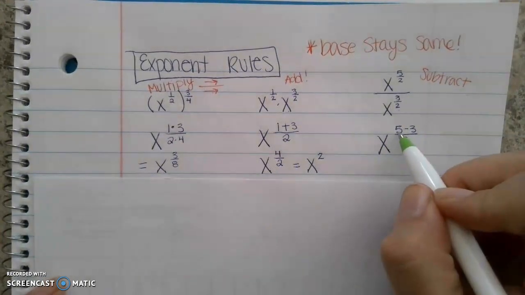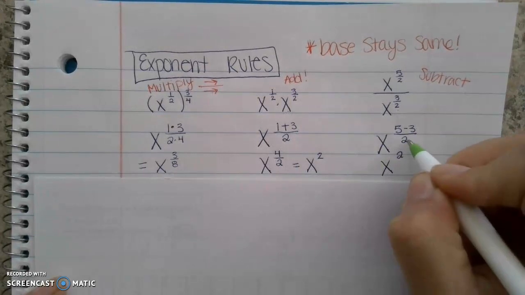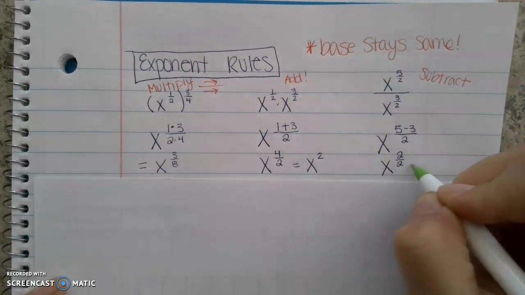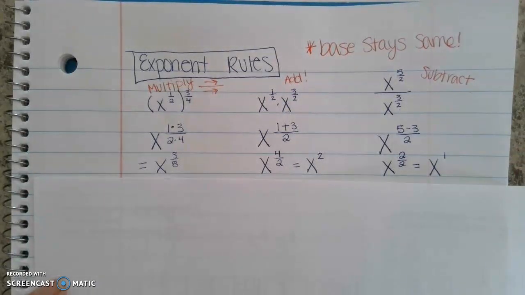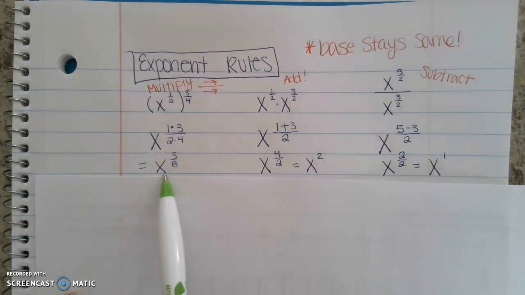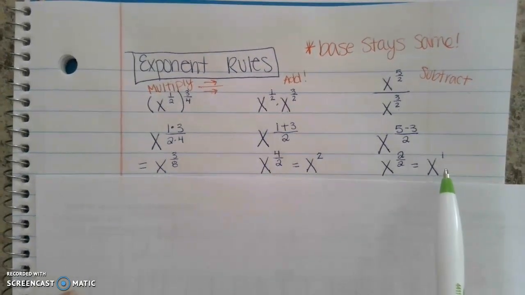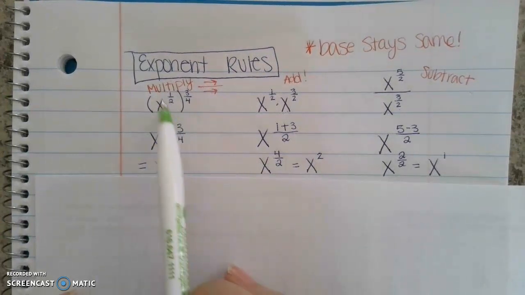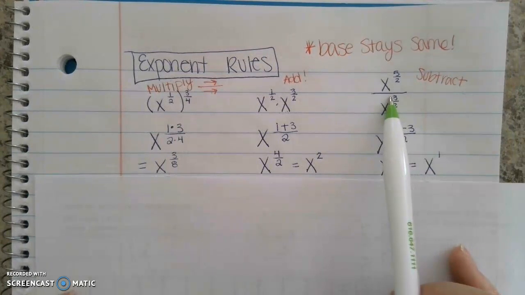So here I'm going to get x to the 5 minus 3 gives me 2 divided by 2, which actually can simplify to x to the 1st. So these are our 3 exponent rules, okay? We're going to look at in the next video, how do I continue to simplify these from here, okay?